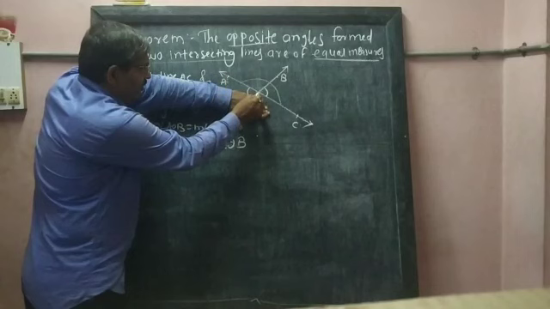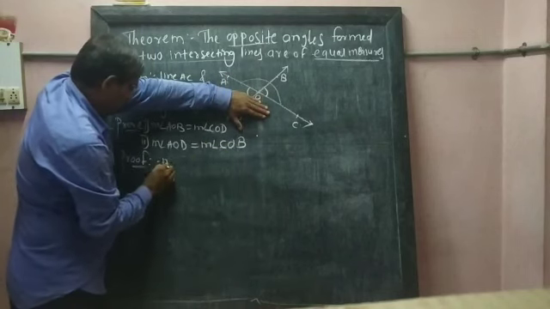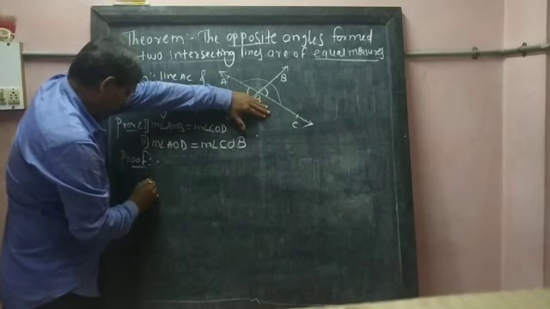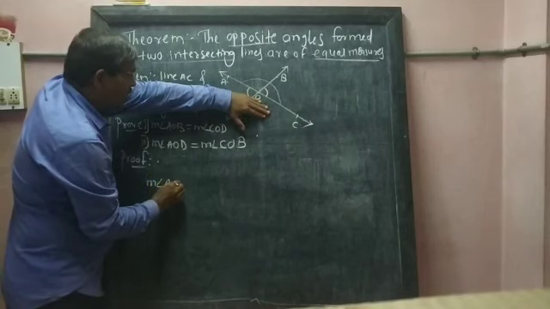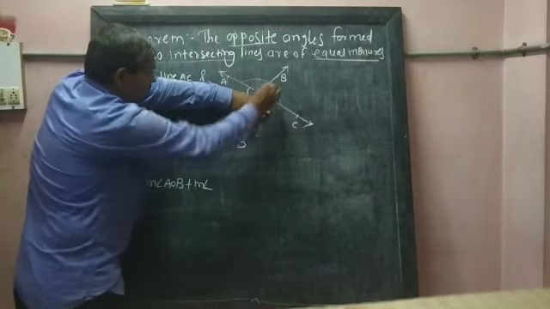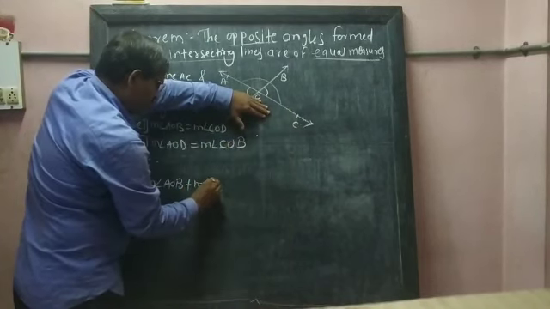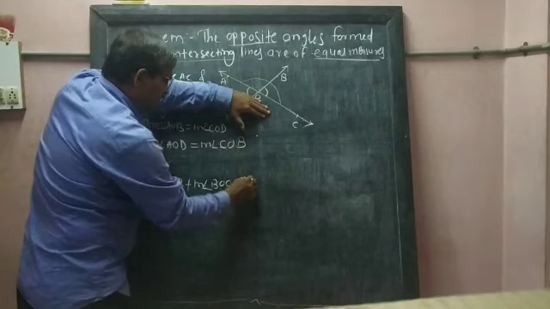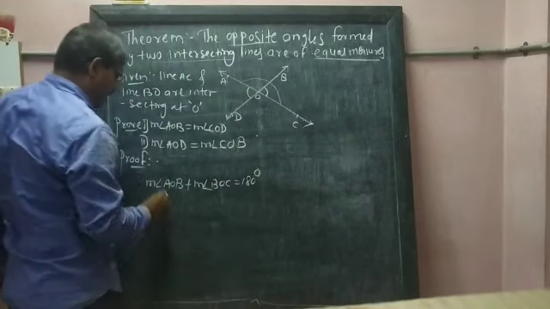Angle AOB. Measure of angle AOB plus measure of angle BOC is equal to 180 degrees.